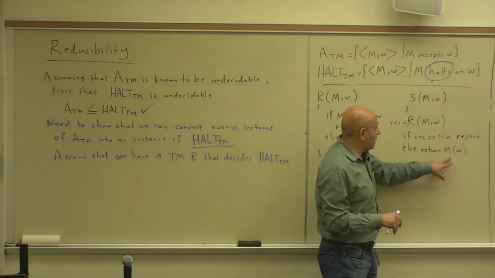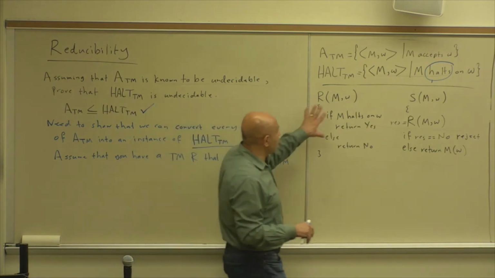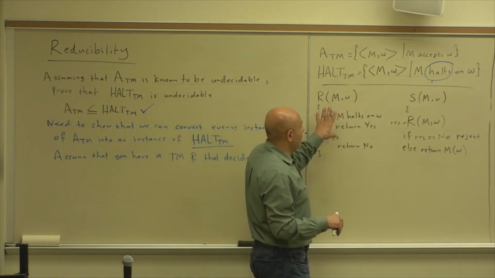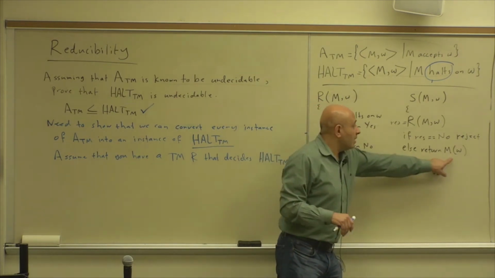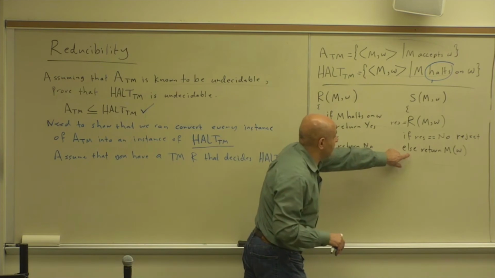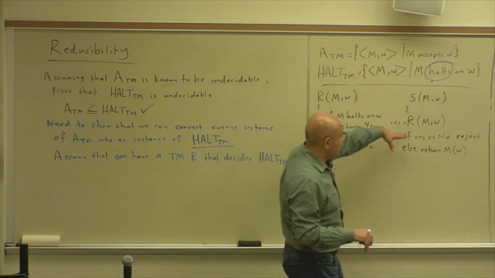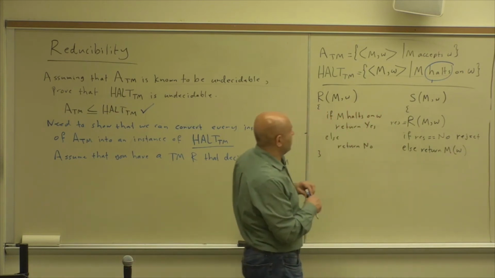Otherwise, I will just call M, and I know that M in this case will terminate. Why? Because this magical R told me that M halts on W. So in the else part, I'm guaranteed that M is not going to loop. Because if it loops, I will reject. Otherwise, I will return M.